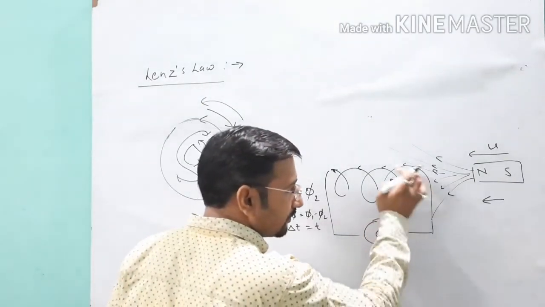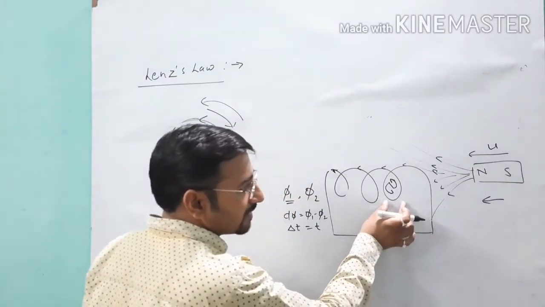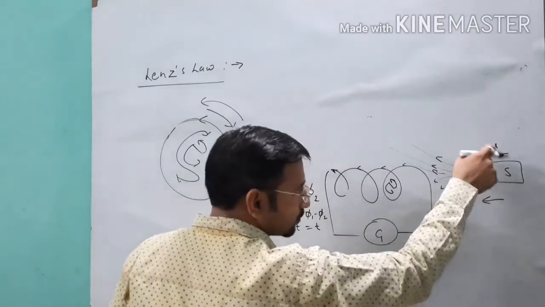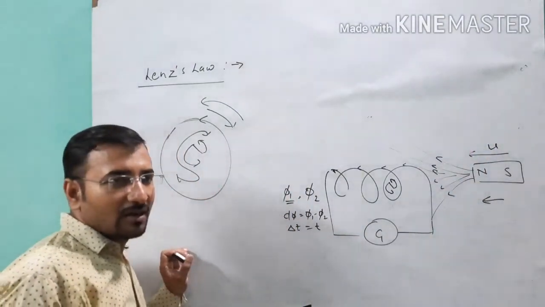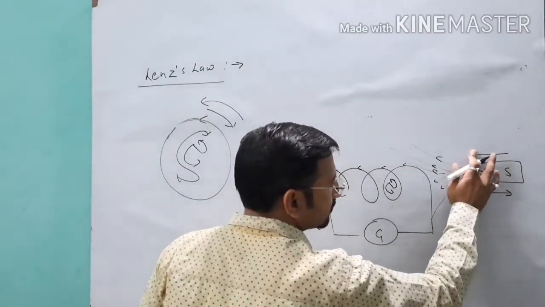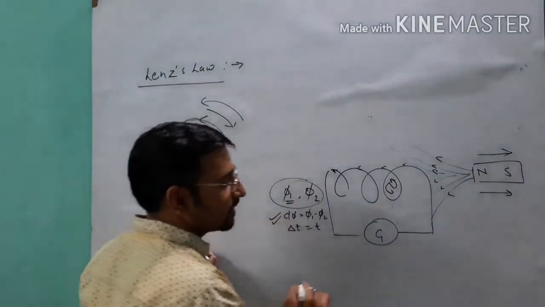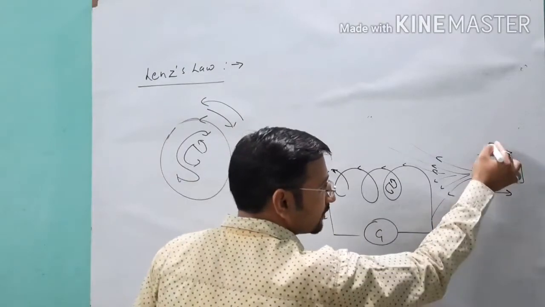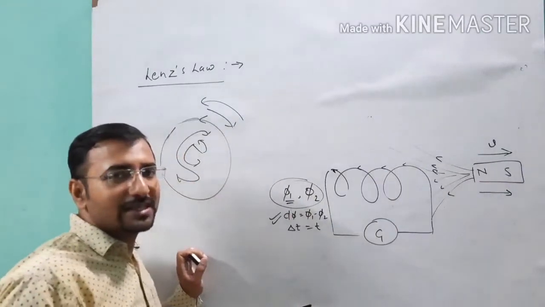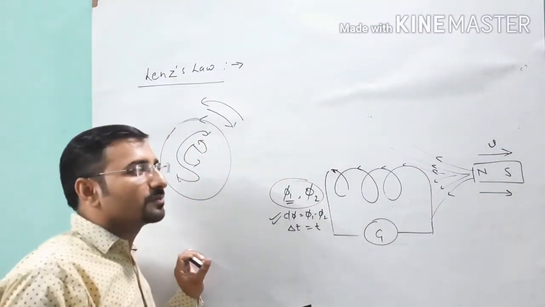So the face which is toward the north pole will act as a like pole, giving a repulsion force to oppose the motion of the magnet. On the other hand, when we move the magnet away from the coil, the magnetic flux linked with the coil changes again, and because the motion is away from the coil, the current in the coil will be such that it opposes the motion.